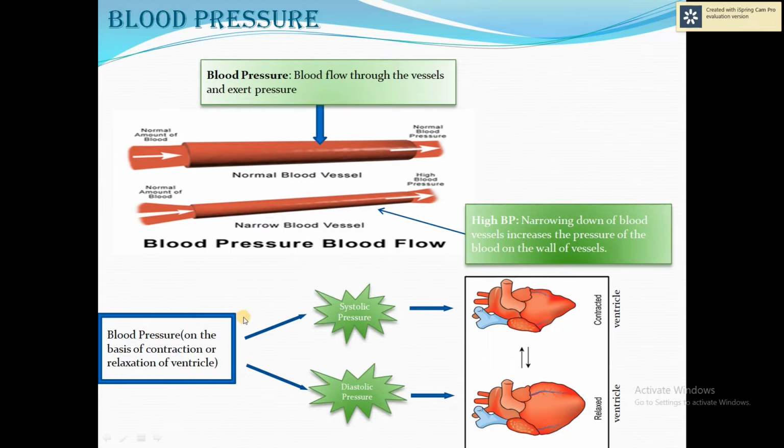To know about blood pressure, you should be thorough about two things: systolic pressure and diastolic pressure. So, what is systolic pressure? Whenever the ventricles contract, all the blood from these ventricles moves to the blood vessels, and this results in a great pressure in the blood vessels. This is known as the systolic pressure.